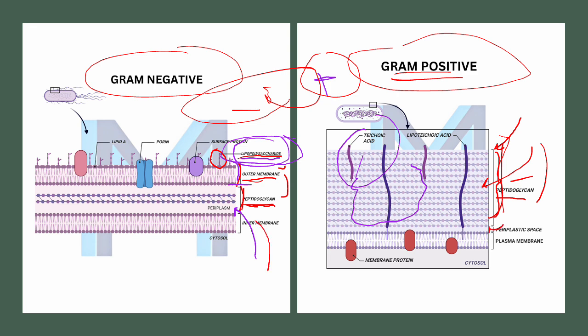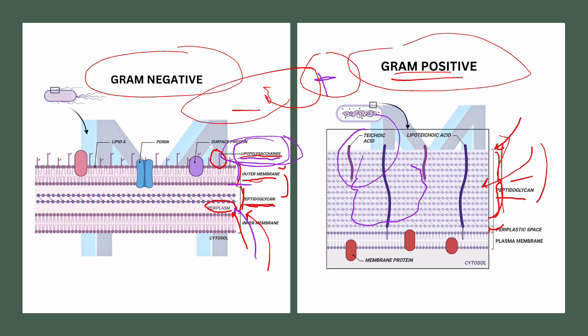While in gram-negative bacteria, it is present, and the periplasmic space is very well defined and located between the inner membrane and the outer membrane. And it contains enzymes and transport proteins, etc.